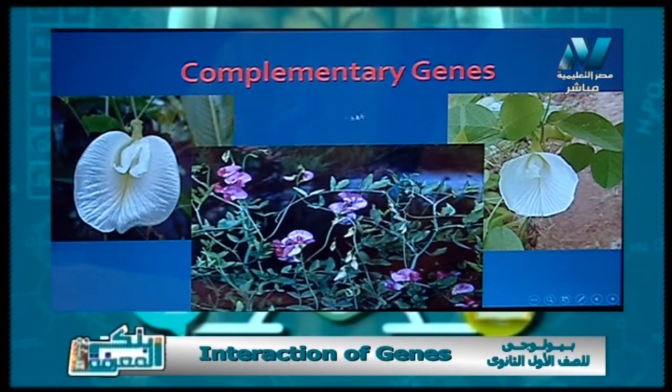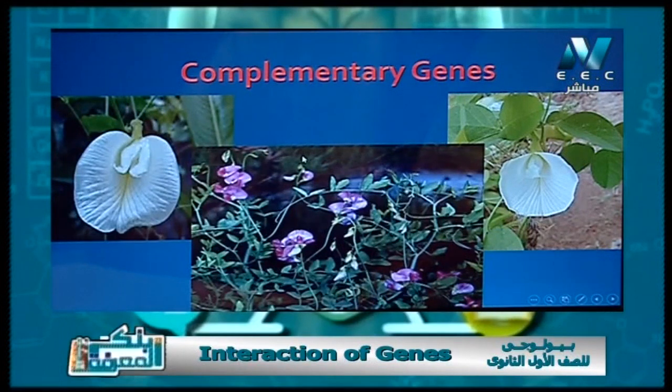In ornamental pea plants, scientists noticed that when two different white flowered plants were crossed together, the individuals produced in the first generation were pink. And it's not usual, it's very strange.